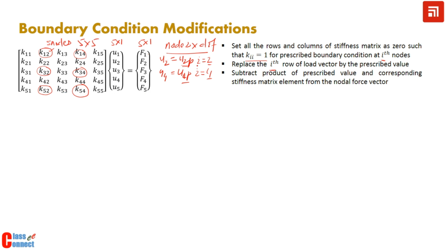If we apply the first step, that is, set all the rows and columns of the stiffness matrix as 0 such that Kii is 1, we will make this 1 and all these zeros: the second row, second column, fourth row and fourth column, except this.